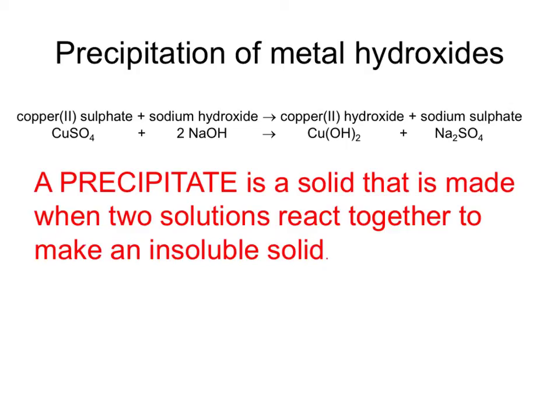If, for example, you were to use copper sulfate solution and add to it sodium hydroxide solution, you would see a blue precipitate of solid copper hydroxide, and there would be a remaining solution of sodium sulfate. So a precipitation reaction involves the making of a solid which is insoluble when two solutions are added together.